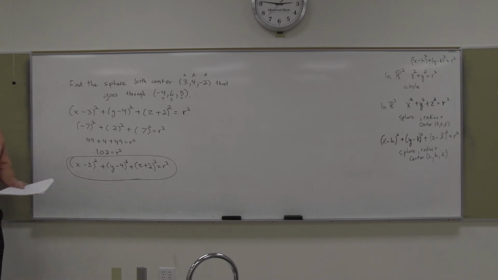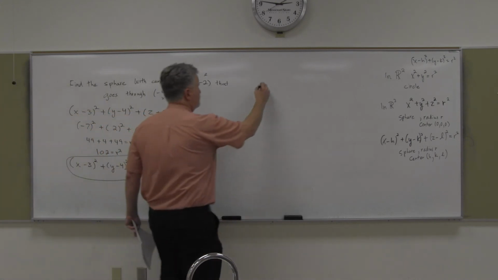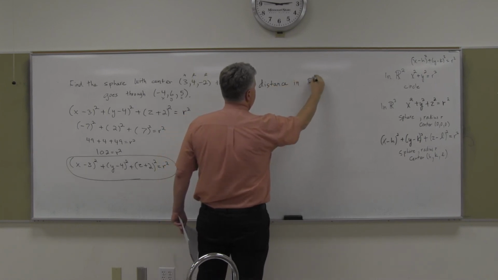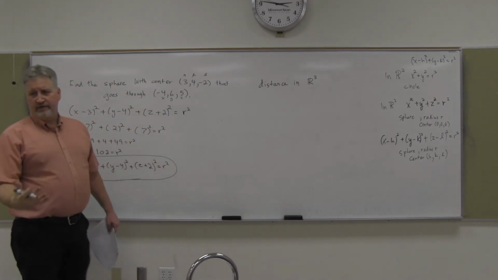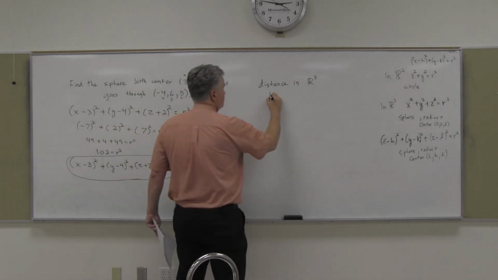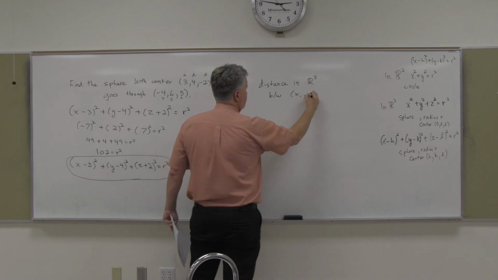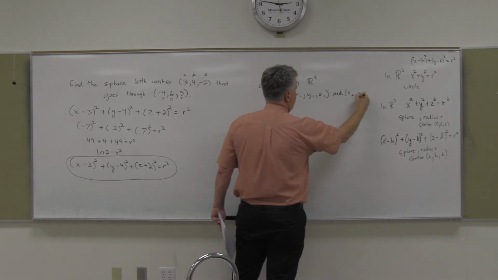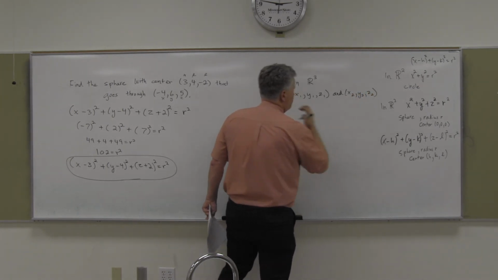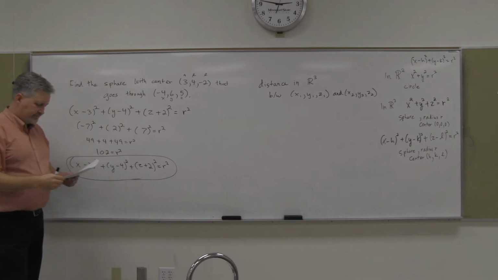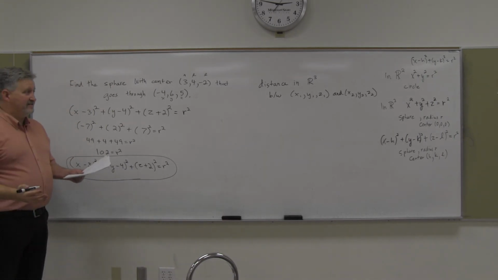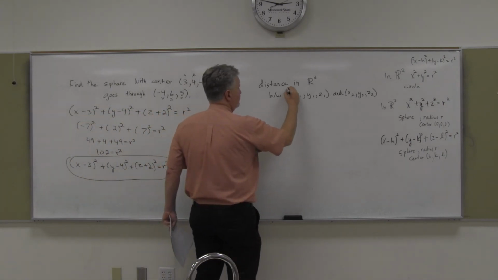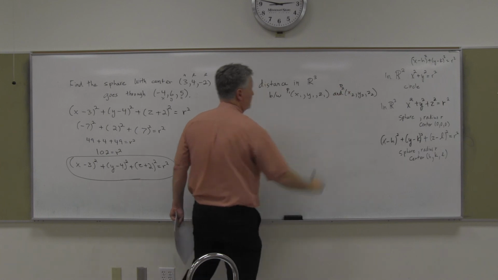Also good news is the distance in 3 dimensions. You got the distance between 2 points, x1, y1, z1, and then x2, y2, z2. We call this one P1 and this one P2, point 1 and point 2.